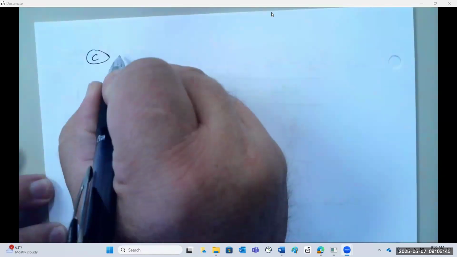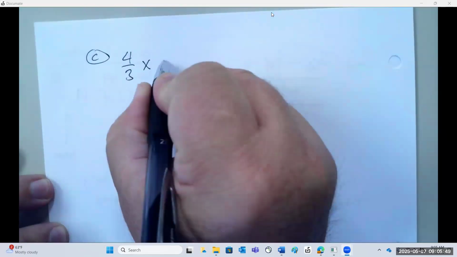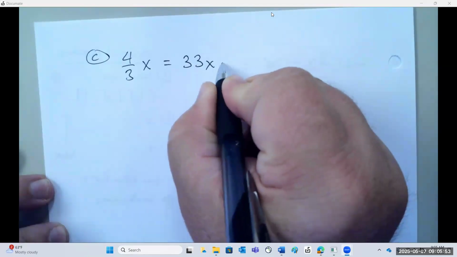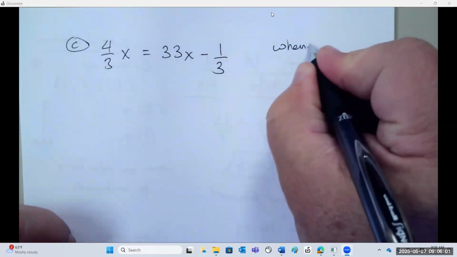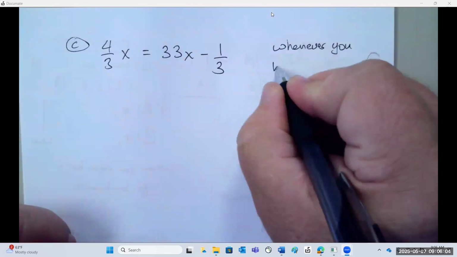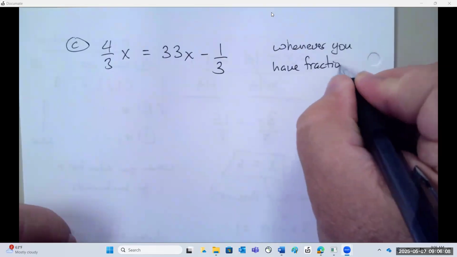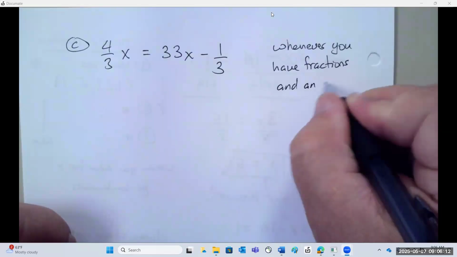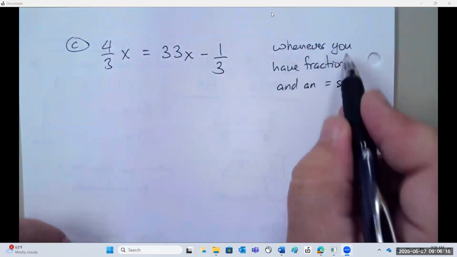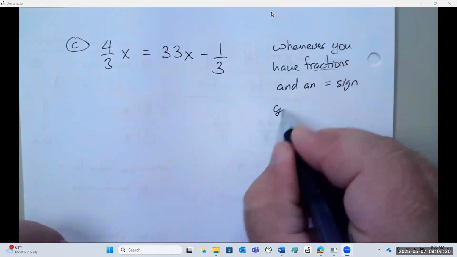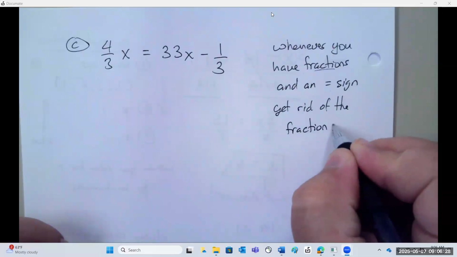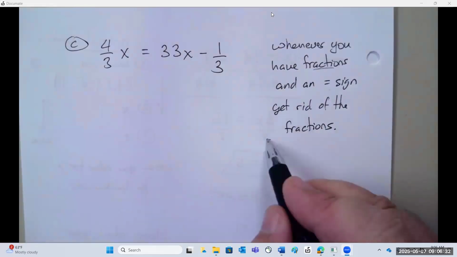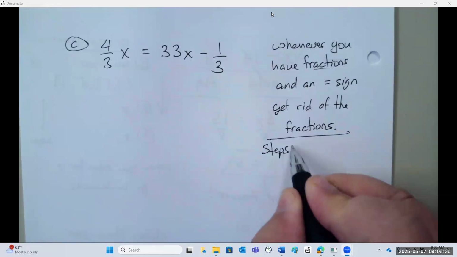Okay. Another example. Fractions. When you have fractions and an equal sign, get rid of the fractions. Here are the steps. 1.